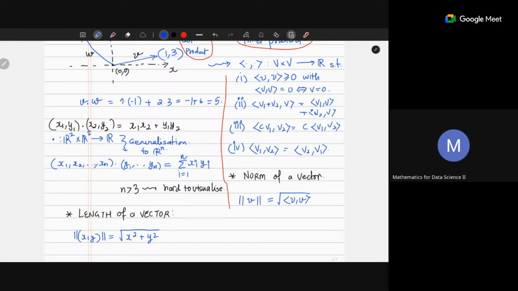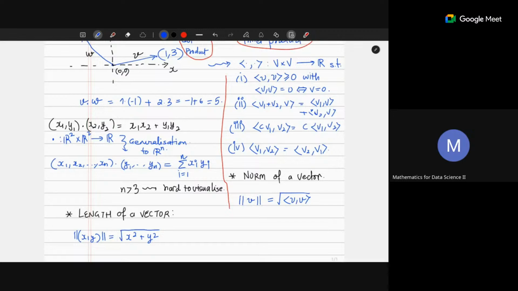All right. So you can see how similar they are in nature. So the norm of the vector is also equal to the length of the vector if you're taking your vector in R2 with the standard dot product.